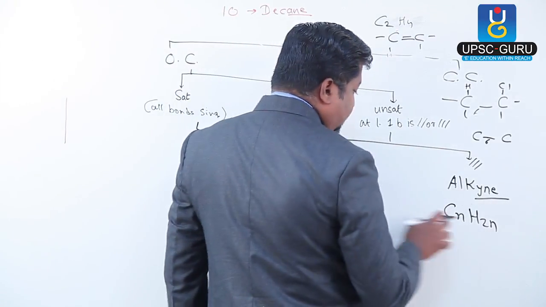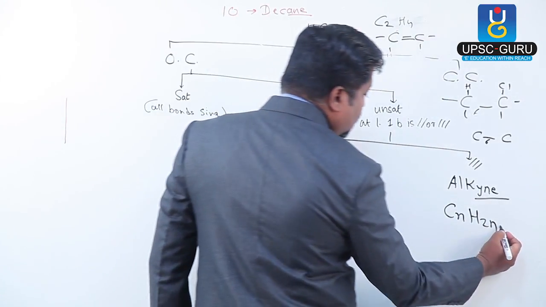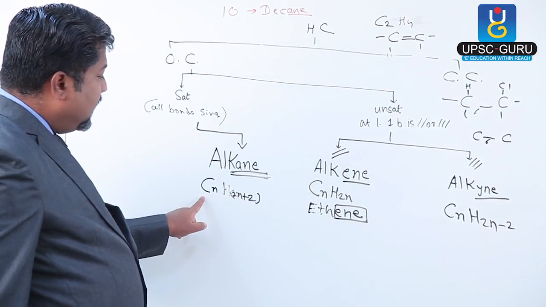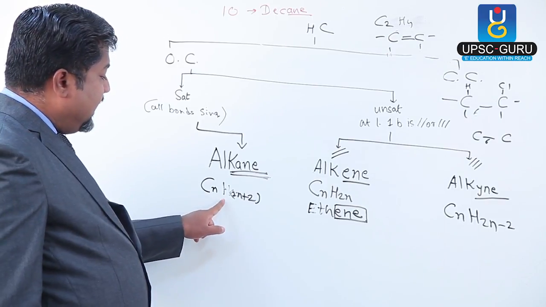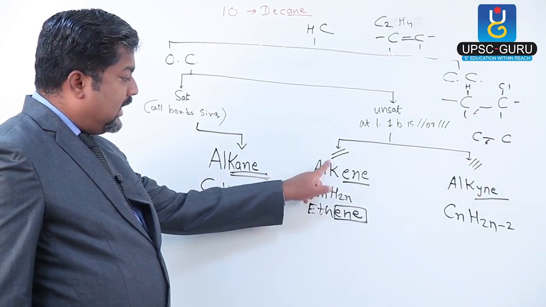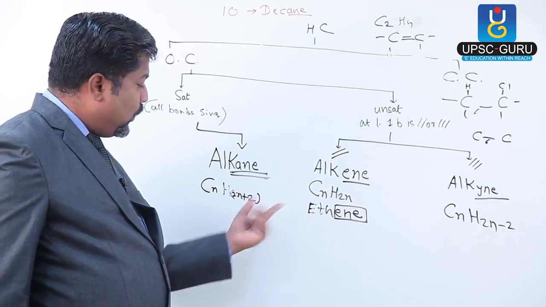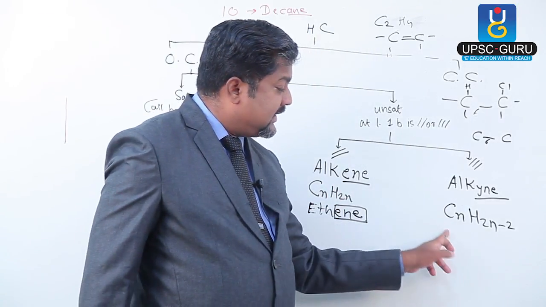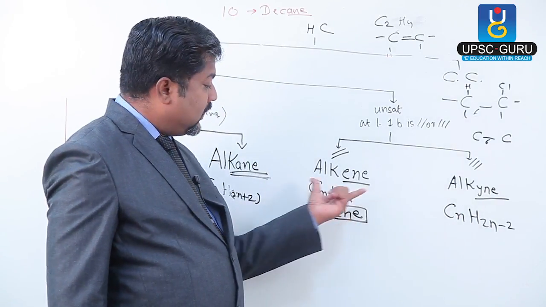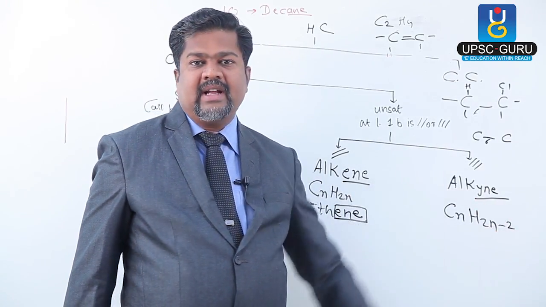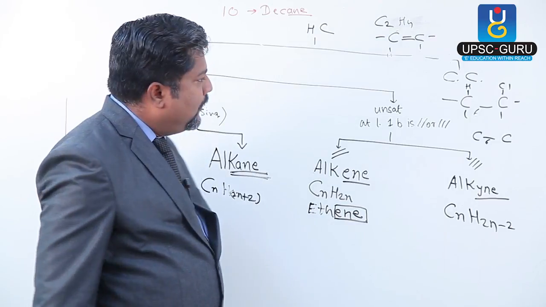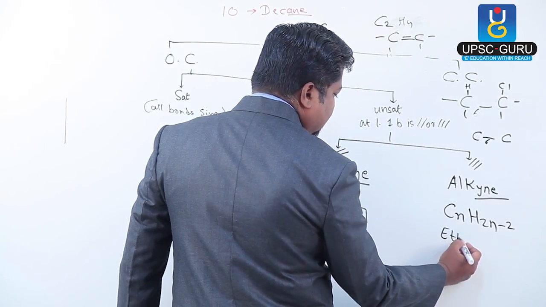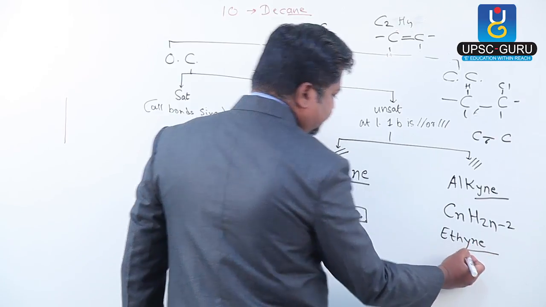minus 2. As you are aware, when one more pi bond is formed, two hydrogen atoms are removed. So from the previous formula, I have to remove two hydrogens, so minus 2. Now you can compare the general formulas: for alkane it is CnH2n plus 2, for alkene it is CnH2n, two hydrogens less, and for alkyne CnH2n minus 2, so two less again. The first member is ethyne.